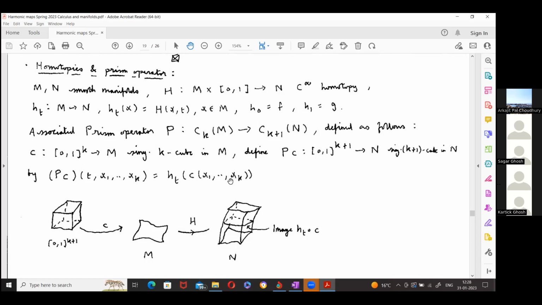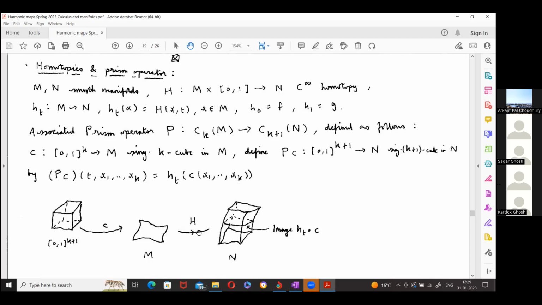So what's the picture? c is a k-cube in M. So you think of c as defined on the bottom face of this (k+1)-cube. It's a k-cube in M. And then I have this homotopy, so under the homotopy, I flow this k-cube in M by each of the maps H_t.